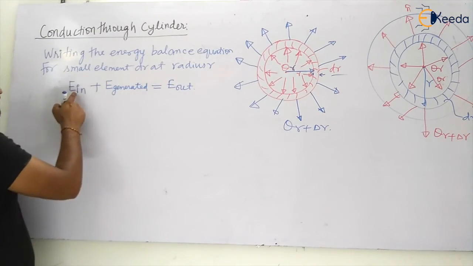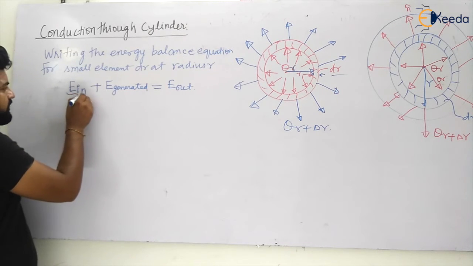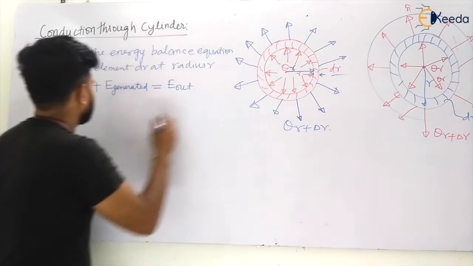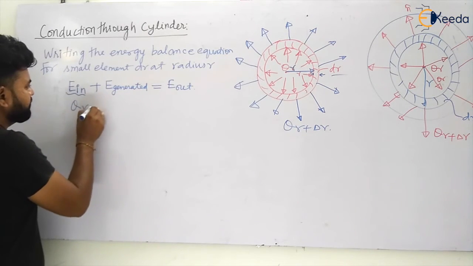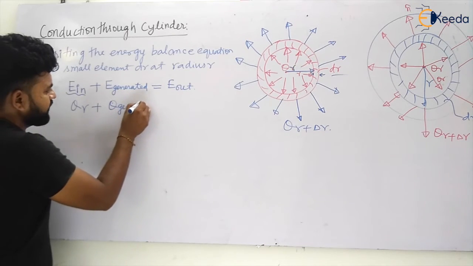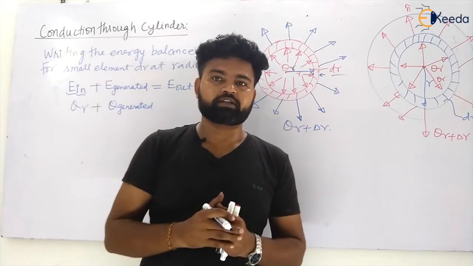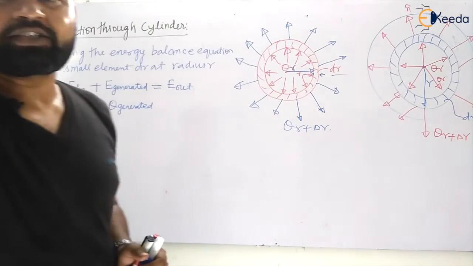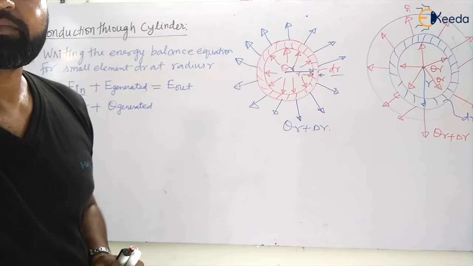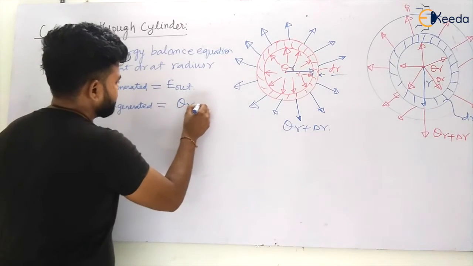So what will be the energy in? Energy in will be Qr, plus Q generated. I have not taken the heat generation to be the same. Okay, so let us see, my dear students. This will be equal to energy out, which is Q(r+dr).